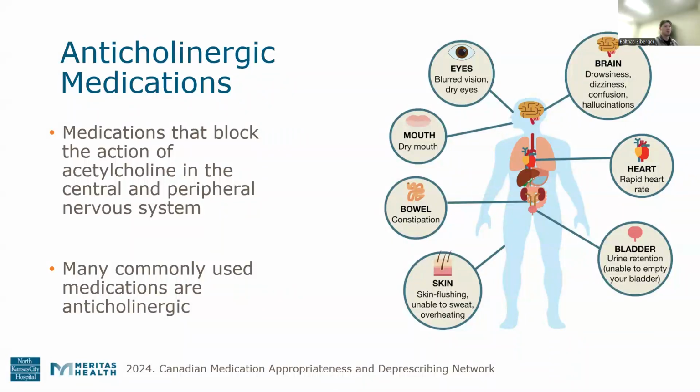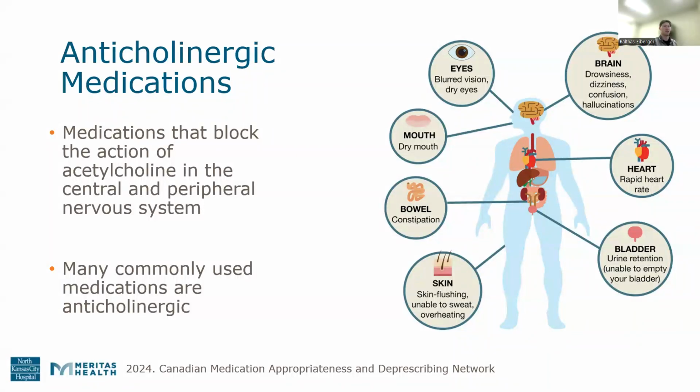And then a big one, especially with Beer's criteria, is the effects they have on the brain, which include drowsiness, dizziness, confusion, even hallucinations. And then can cause rapid heart rate as well as urine retention. So many commonly used medications are anticholinergic. They have these side effects.